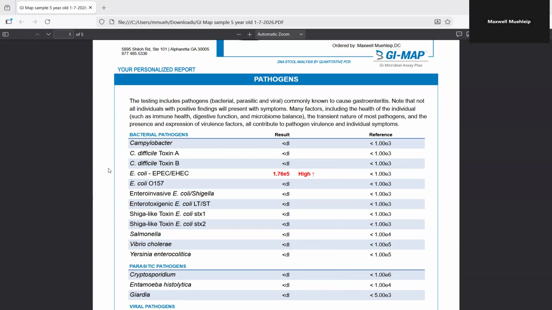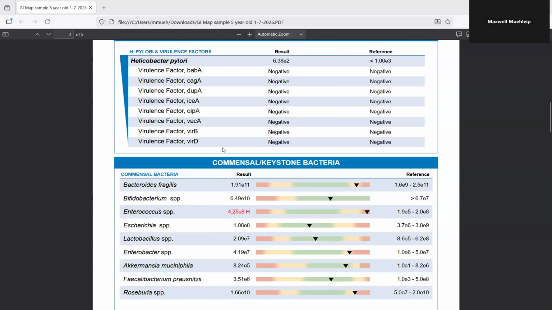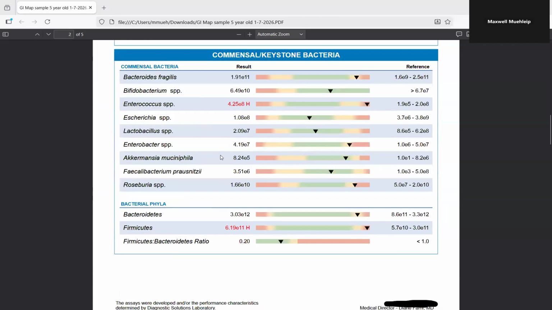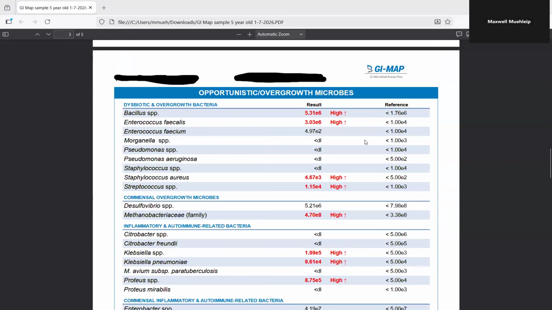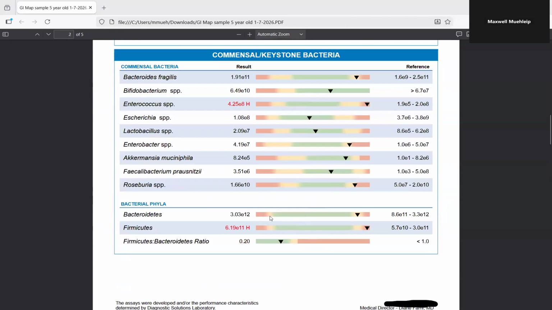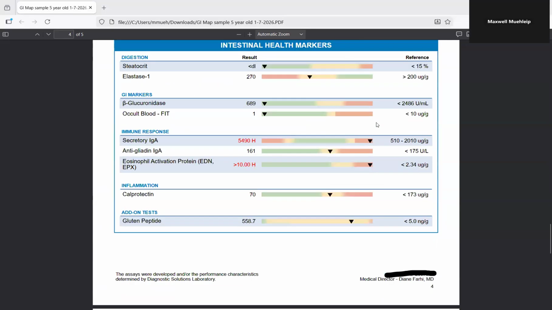So a variety of different things that I'm going to be working on with this person and her family. We're going to be working on getting, obviously, the pinworm medicine right away. We're going to be working on trying to kill off some of these overgrowths and rebalance the microbiome with some of the more beneficial species so that there's not only overgrowth, but we still get lots of abundance and we can calm down some of these markers of inflammation.